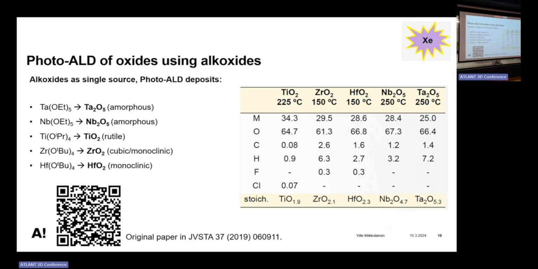It didn't fully saturate with the UV photons, so there was a slight slope. We didn't study it systematically, but since this is reduced, the UV exposure time can probably be used for tuning the stoichiometry and the oxidation state of niobium.